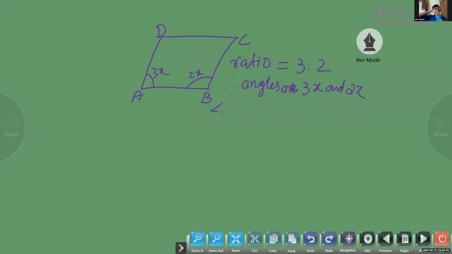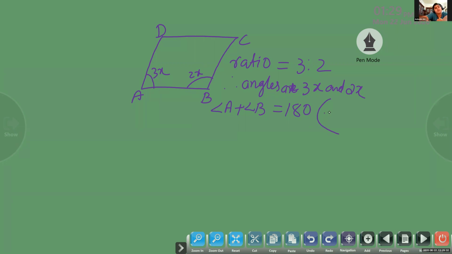So we know that angle A plus angle B equal to 180 degrees. Write the reason in brackets. Shivanya, what is the reason? Adjacent angles of a parallelogram are supplementary.